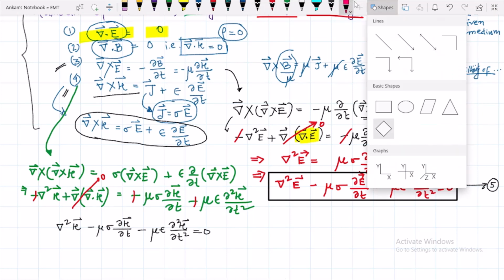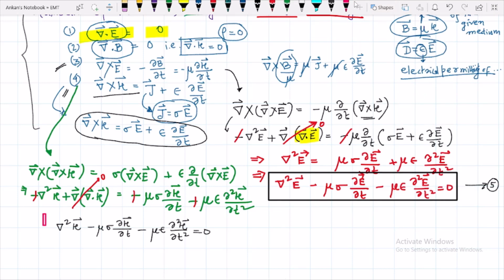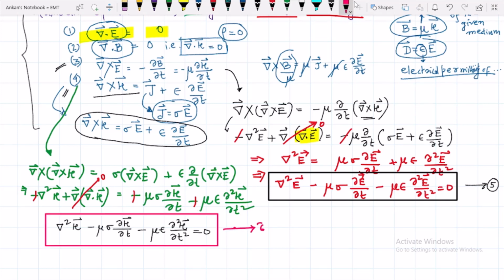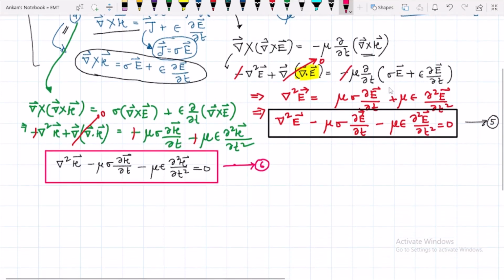Put it also in a box and name it as equation 6. So these are the equations obtained by the mathematical modification of Maxwell's set of equations. Now we have to solve these two differential equations by our known method of complementary function, because there is no particular integral present on the right hand side.